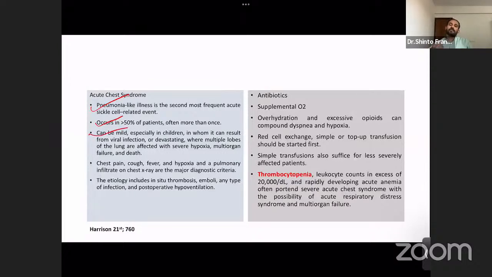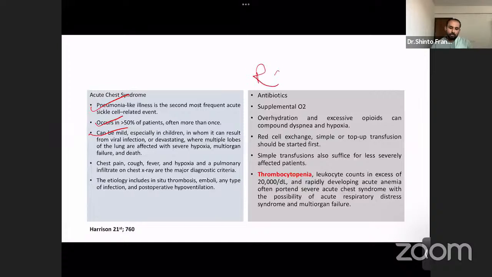It might follow a stress like a viral infection or dehydration, etc. And multiple lobes of the lungs may be involved, with hypoxia, organ failure, etc., and even mortality. Chest pain, cough, fever, hypoxia, pulmonary infiltrate on X-ray. It might mimic a pneumonia. And etiology includes in situ sickled cells that can cause thrombosis, and it can cause emboli, or it can cause dehydration.